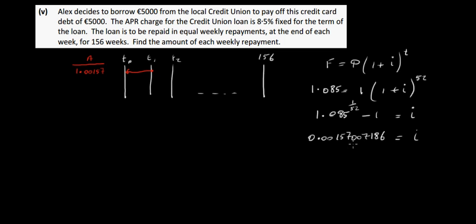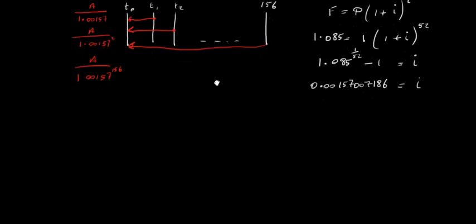Now I'm not going to keep writing out this entire number all the time, but in the calculations I will actually use it. So that's just going to be to the power of 1. If we take this one here, that's going to be A over 1.00157 and so on squared, and if we take the last one, go right back to the start, get the present value of that one, it's going to be A over 1.00157 to the power of 156. Add all of those up, it should add up to 5,000 euros. So again, very similar to what we did in the first question.